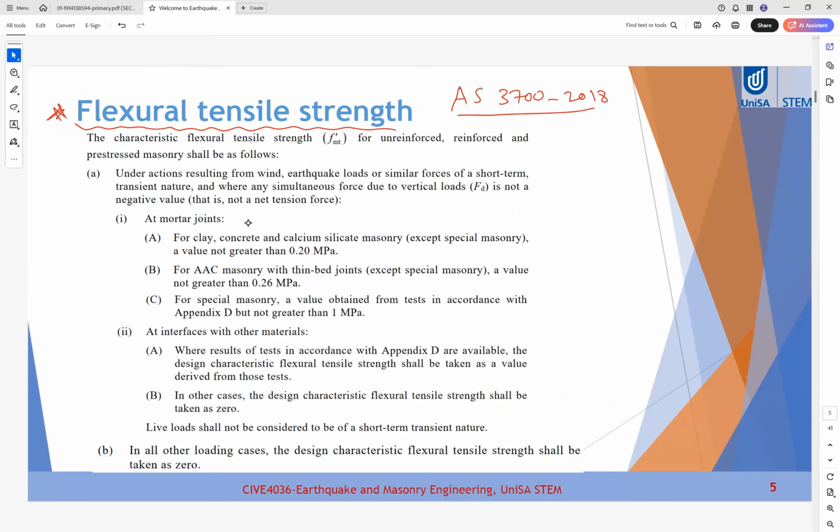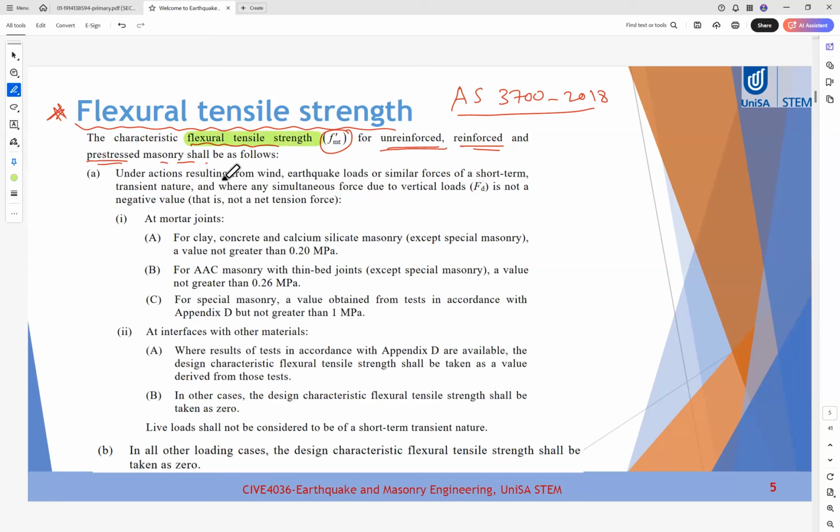The characteristic flexural tensile strength f'_mt for unreinforced, reinforced or pre-stressed masonry walls shall be as follows. So we have some different cases for the capacity, or flexural tensile strength, of the masonry wall.